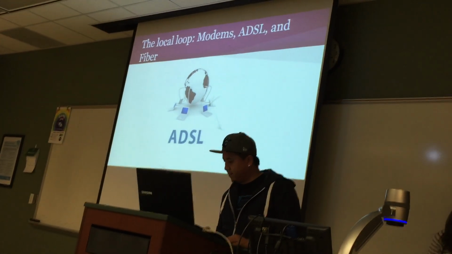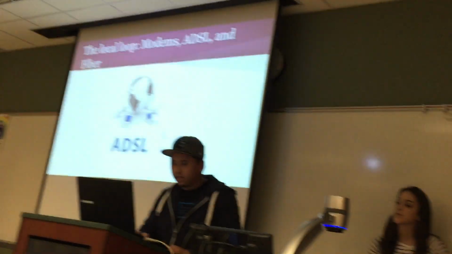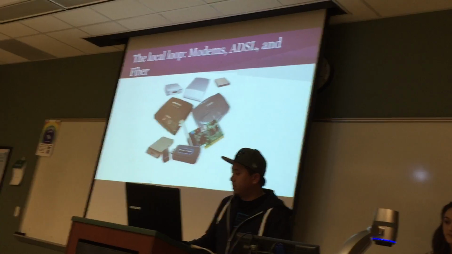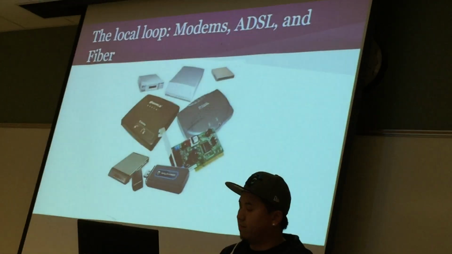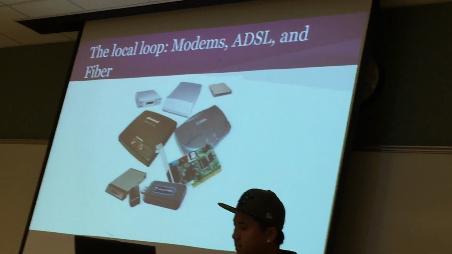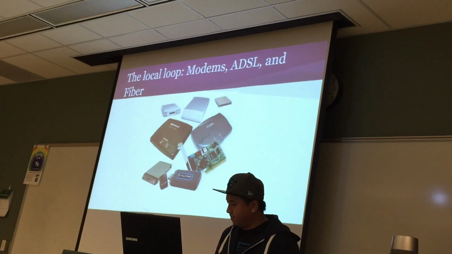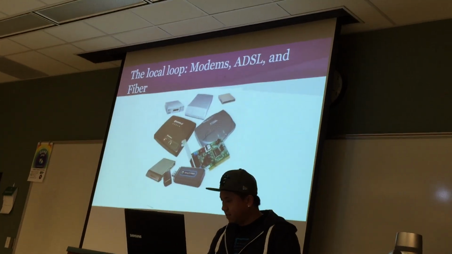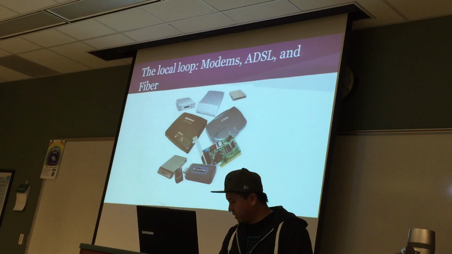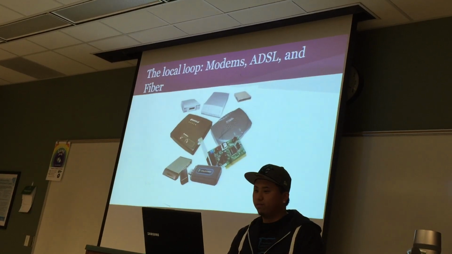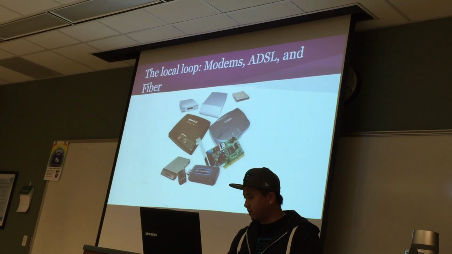All right, so let's go back. These are modems. Modems use the local loop to send digital data between computers by converting the digital bits into analog. There are many types of modem. You have cable modem, you have your phone modem, and so on and so forth.